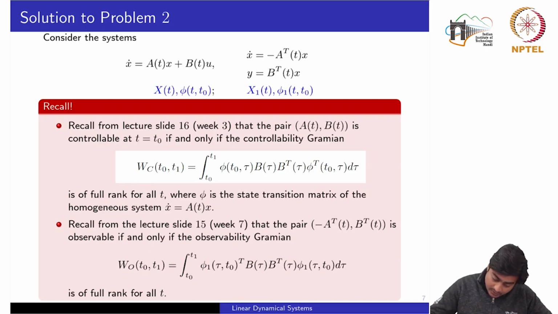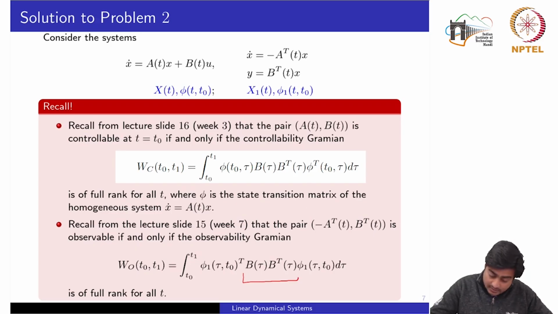Now if we look at the right hand side, the terms appearing in the middle of the integrand remain the same. The difference lies only in the state transition matrices.